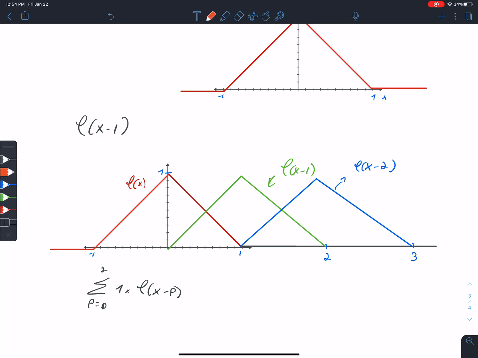The end result will be what I'll be plotting here in orange. This will be the plot between, let's say, 0 and 2. So this plot here.